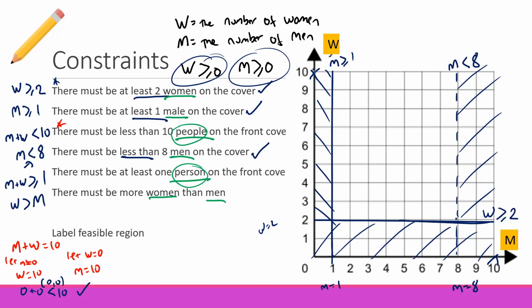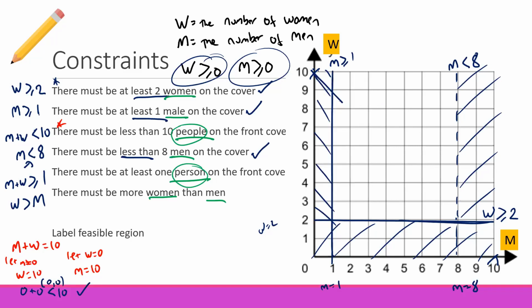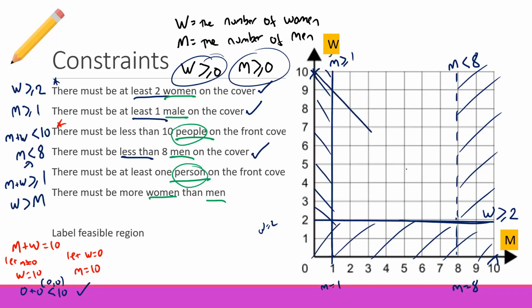Sometimes that happens when I'm drawing lines, they just disappear. It's because I keep opening up the menu by accident. Close enough. So that means that we know that this region at the top is going to get crossed out.